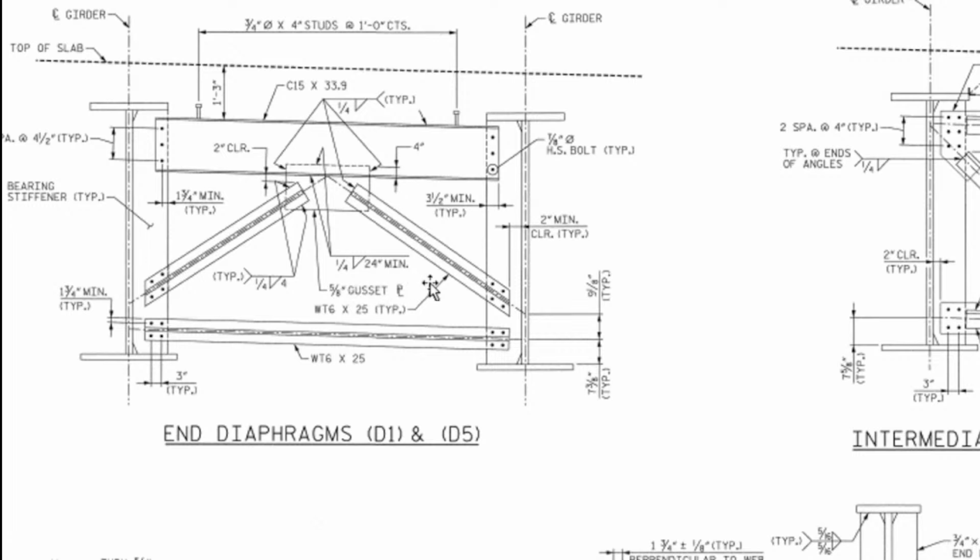That is the thickness. What else? 2 inches minimum clearance. 2 inches. 1 1/4 minimum, the location of the bolt.